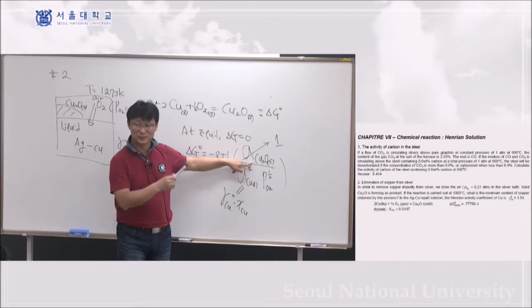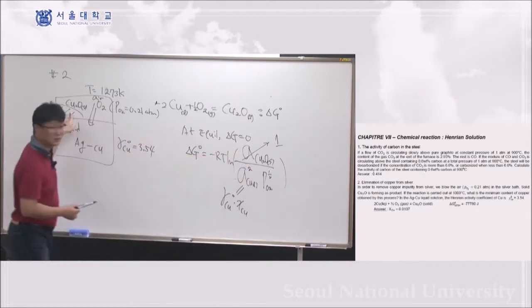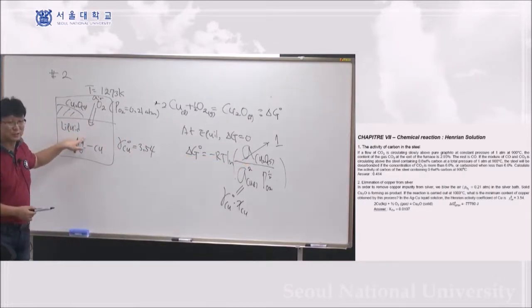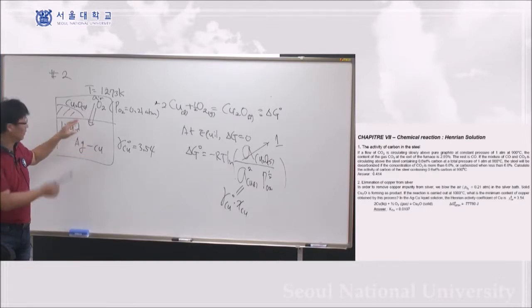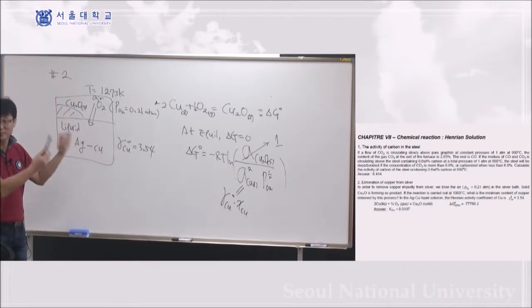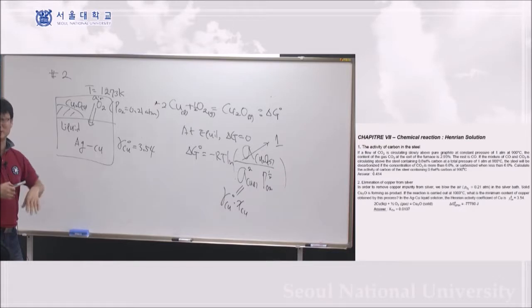So if I add something on top here, which is not making any solution with this, but some other impurity, I am intentionally adding something. We call this kind of thing a flux, some agent to remove the impurity. So if I add some flux to make a chemical reaction with the Cu2O, for example, if I make a stronger bond with the Cu2O, it means Cu2O activity will decrease because of that.